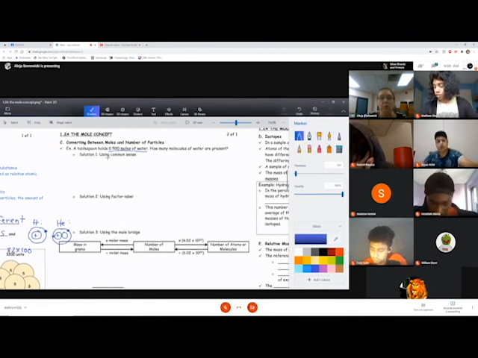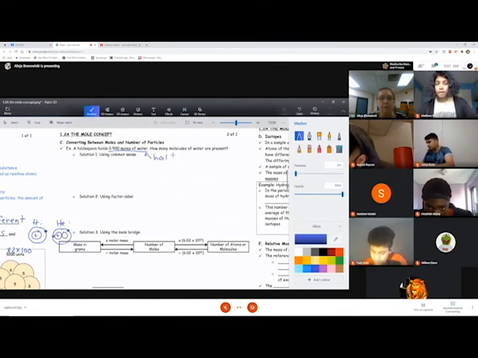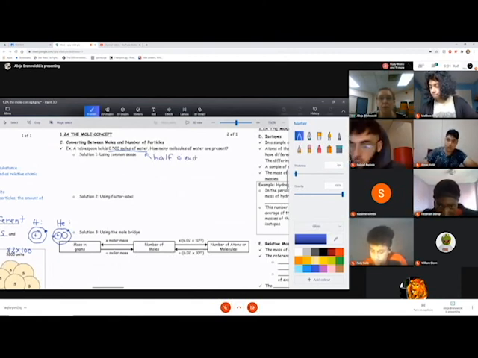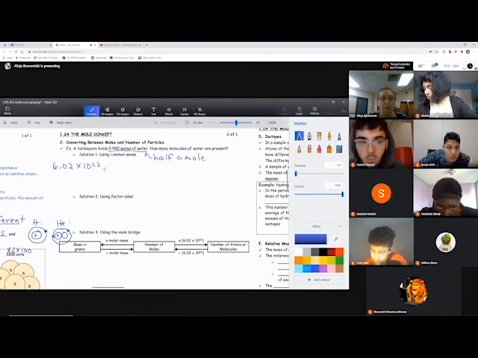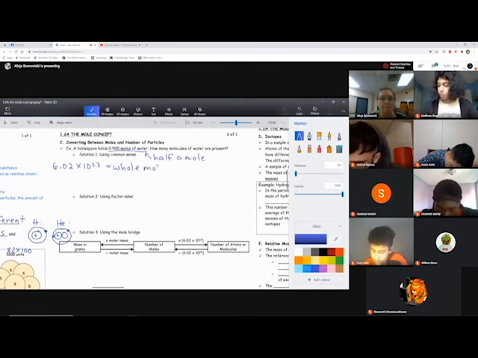So we're going to use common sense first. I have half a mole of water. 6.02 times 10 to the 23 is a whole mole. So I have half of this number.